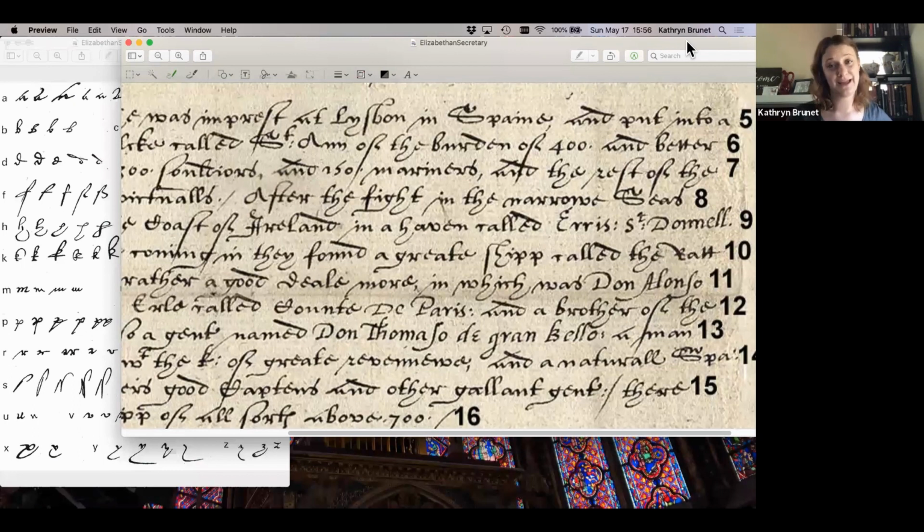There are 2 proper names in the rest of this line, 2 places.